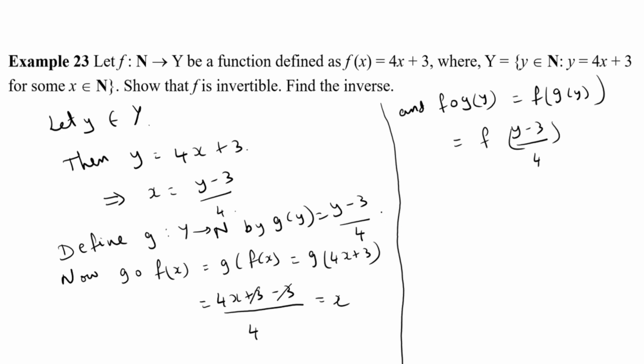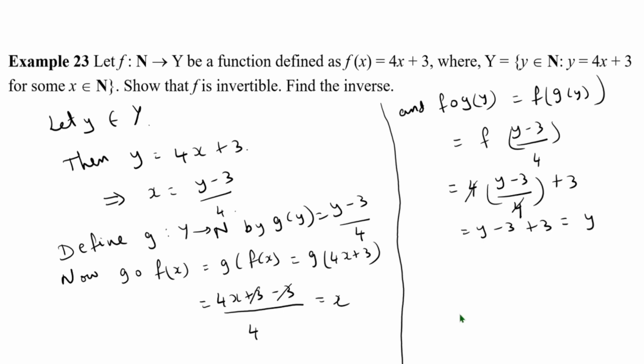So f of (y minus 3) by 4 is nothing but, in place of x we have to substitute (y minus 3) by 4. So this is equal to 4 into (y minus 3) by 4 plus 3. So this is equal to y minus 3 plus 3. It is equal to y.